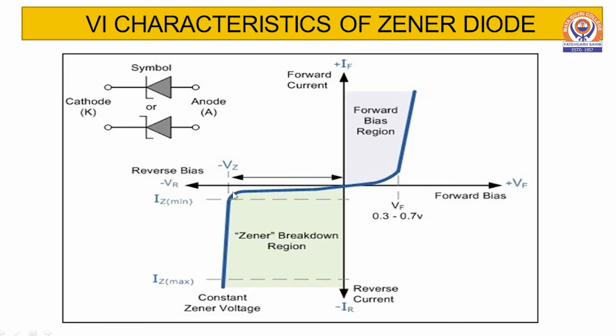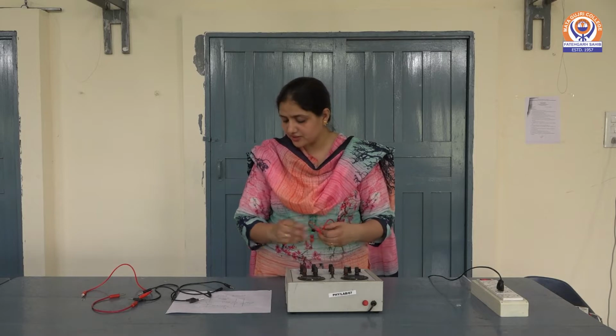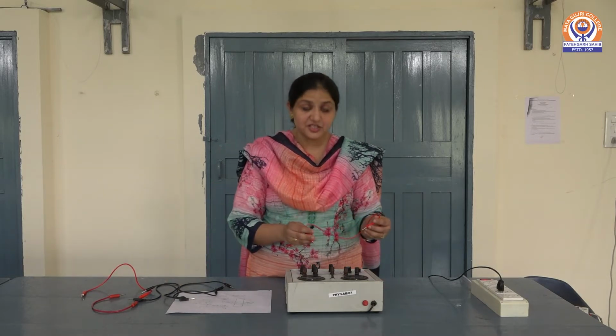When the voltage value is further increased, at a particular Zener breakdown region, the current starts increasing abruptly. This value at which the current starts increasing abruptly is called the Zener breakdown region. For every diode, this Zener breakdown voltage is the voltage at which the diode works as a voltage regulator. As we showed in the circuit, Zener diode is reverse biased.